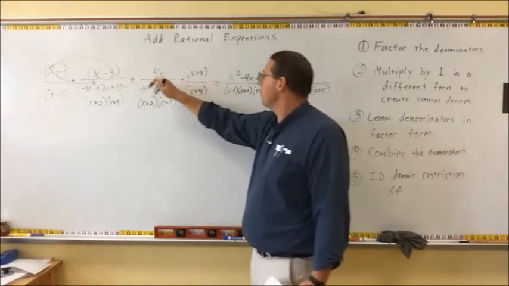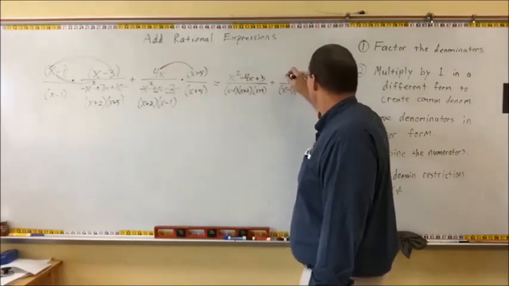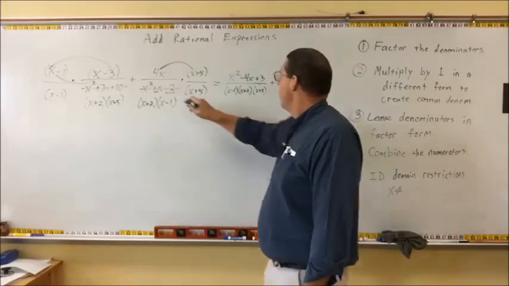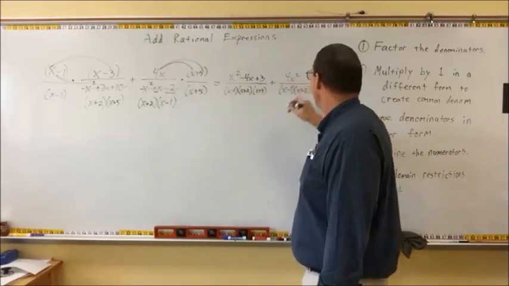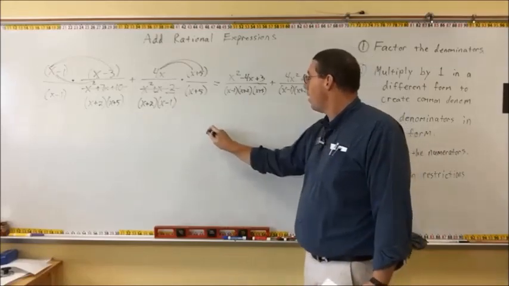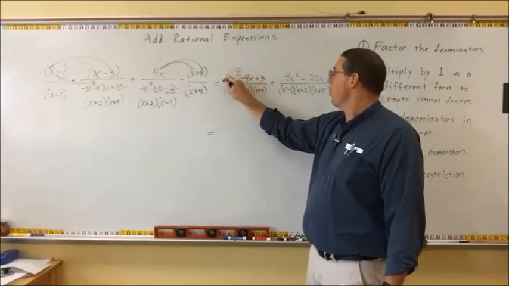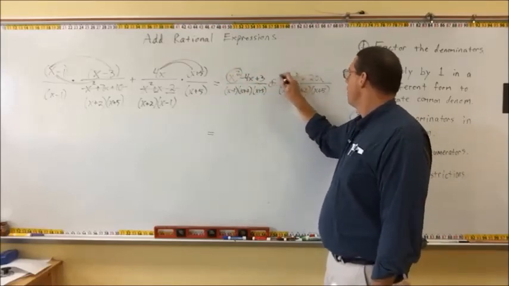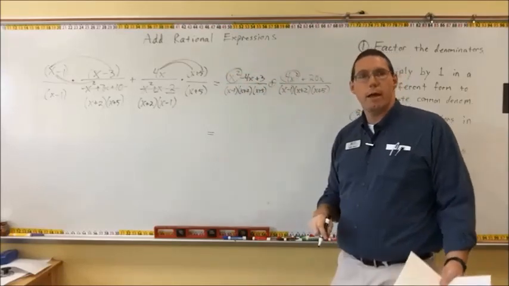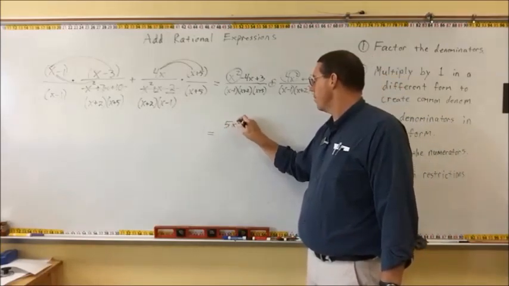Over here, the distribution is not so difficult. We're going to do 4x times x is 4x squared. Then 4x times 5 is plus 20x. And now we just add the numerators. We've got an x squared here plus a 4x squared here. X squared plus 4x squared is 5x squared.